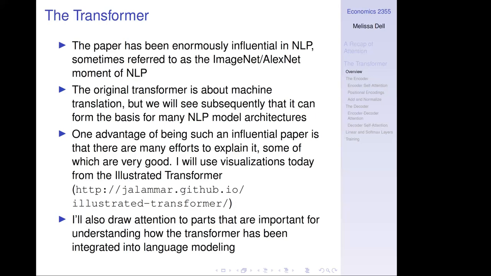But we will see on Wednesday that it is the basis for many different NLP model architectures. It's hard to do anything in NLP today that is not using the transformer in some way, as it's the core of just about any modern language model.